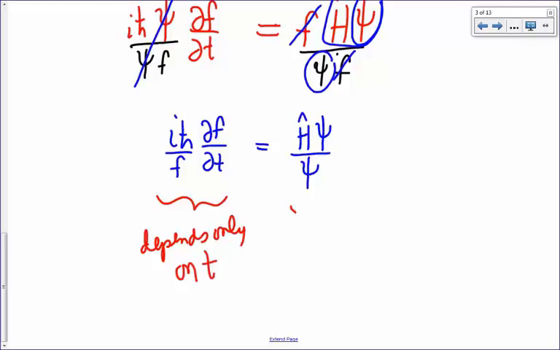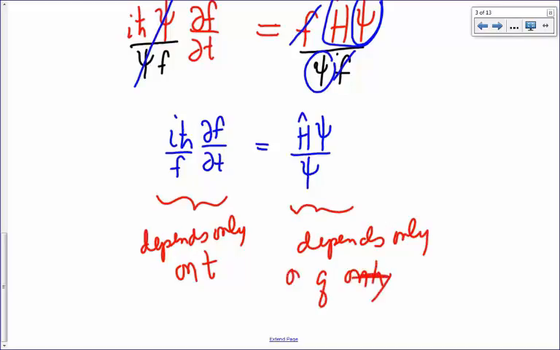It's an expression that might have time in it, right? And here's an expression that will have coordinates only, right? Only on Q. And this one's only on T. Q is coordinates. T is time. How can one side that depends only on time be equal to another side that depends only on coordinates? In other words, it doesn't matter what time it is. It doesn't matter what coordinates you have on the other side. Those two sides are always equal.